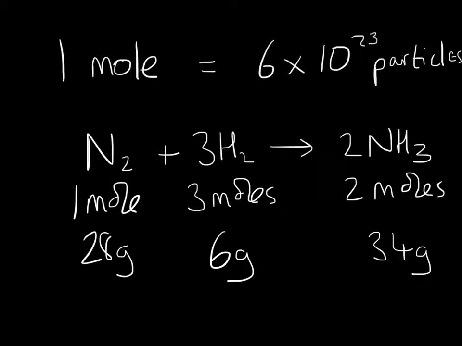So by looking at the equation, a chemist would very quickly be able to work out that from every 28 grams of nitrogen put into the system, one should get out 34 grams of ammonia. And that is really, really useful if you're making things.